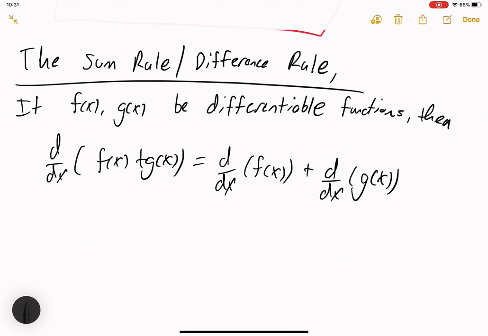So basically what this means is that you can break up the derivative over a sum. And in terms of the other notation you might see, f plus g prime is equal to f prime plus g prime.